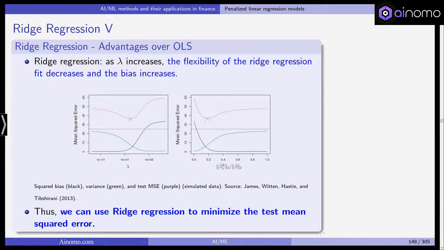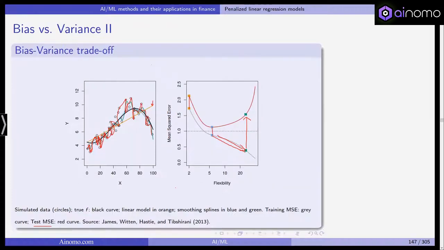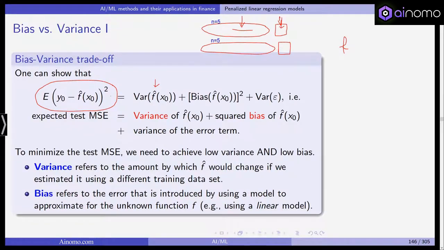For example, we can see the squared bias in black, the variance in green, and the test MSE, which, as we've seen before, can be seen as a decomposition of the test MSE.